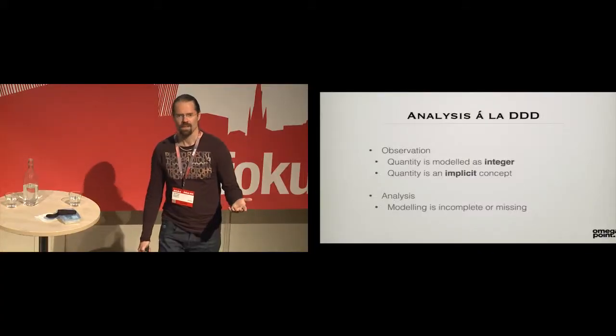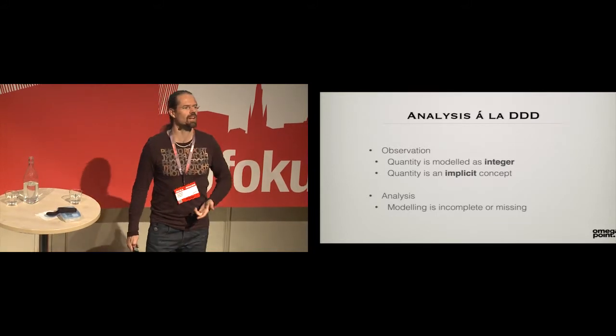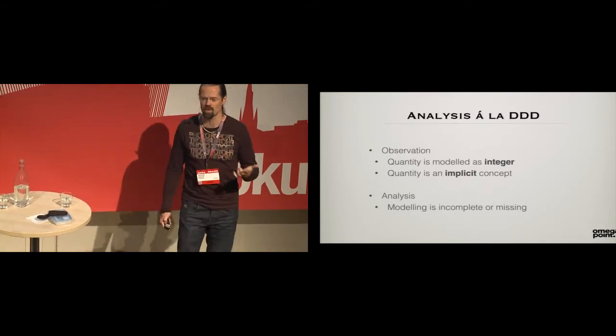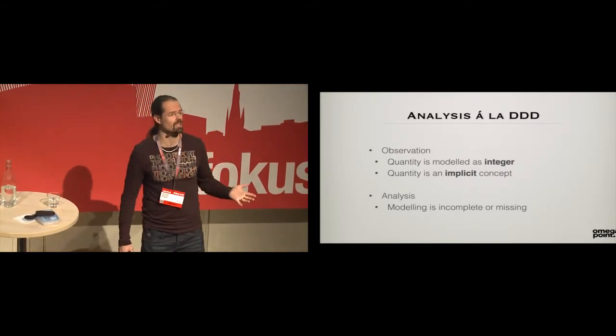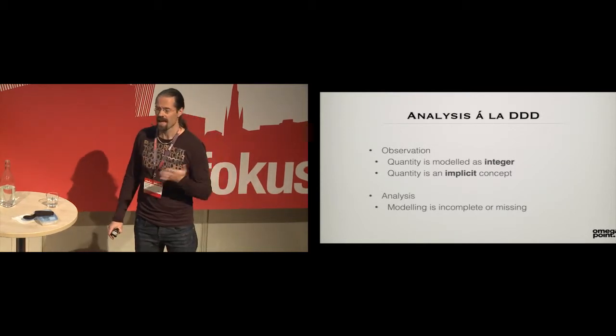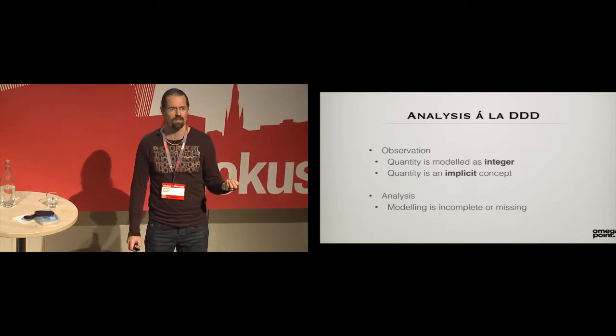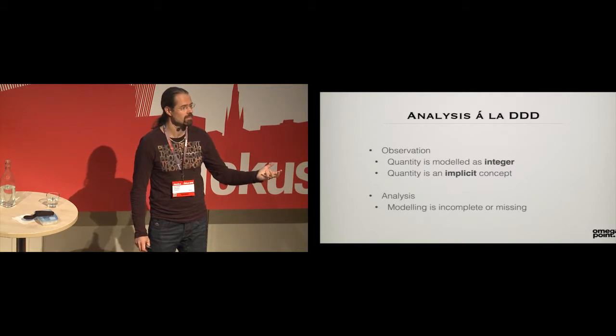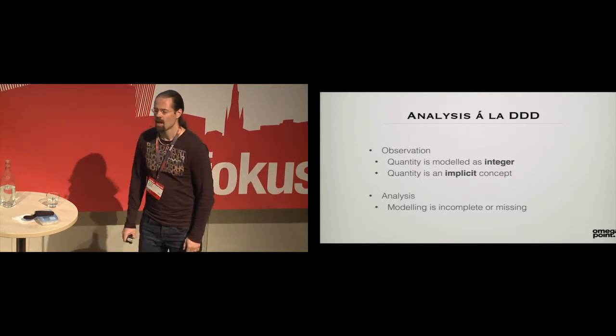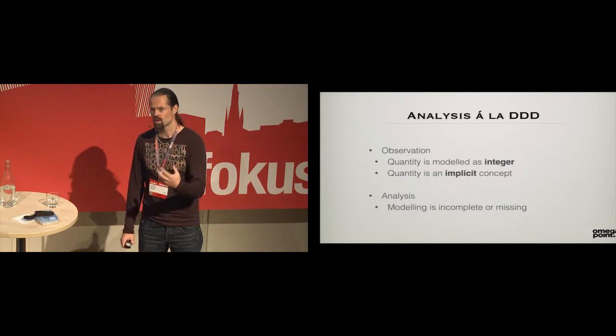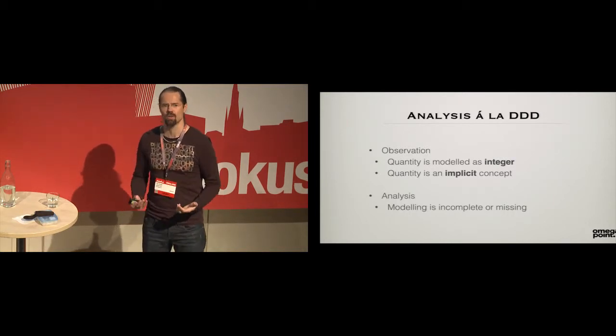Doesn't work all that well. So, if you now apply domain-driven design and try to reason about it, we can make one observation: quantity is actually de facto modeled as an integer. Well, that's the way it's been modeled. However, quantity is never spelled out in the code.